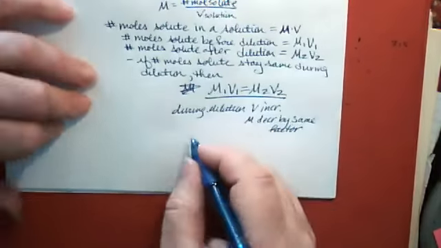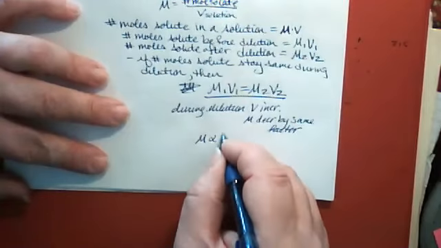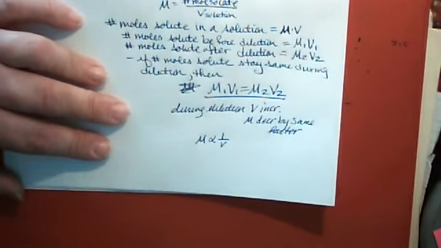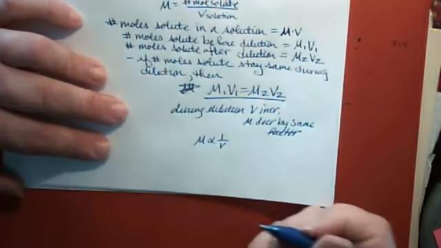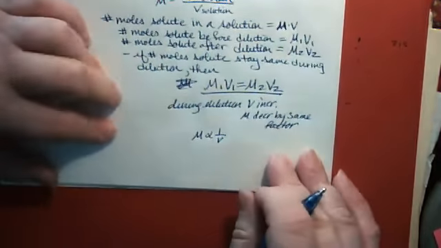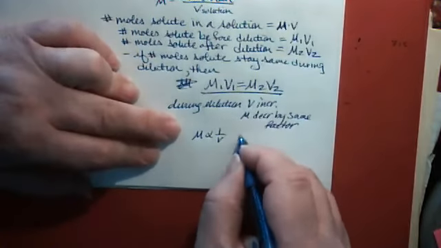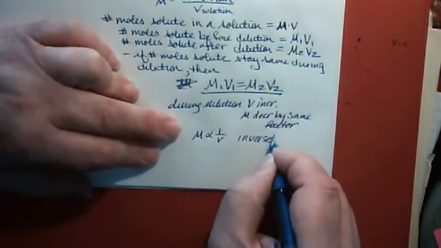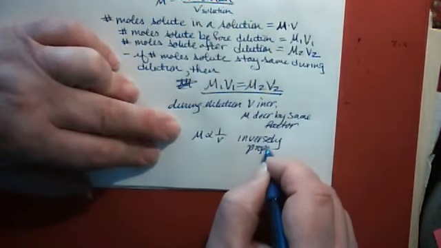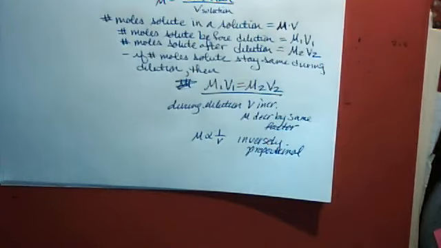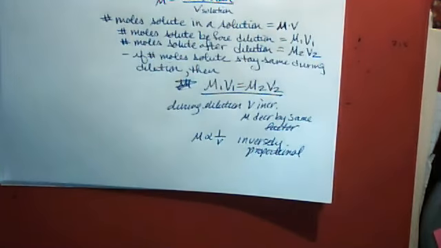Or another way of saying that is that molarity is inversely proportional to volume. So as the volume of a solution goes up, the molarity goes down. If you double the volume of a solution, you cut the molarity in half. Okay, if you somehow manage to find a way to cut the volume of a solution in half, you'll double the molarity.